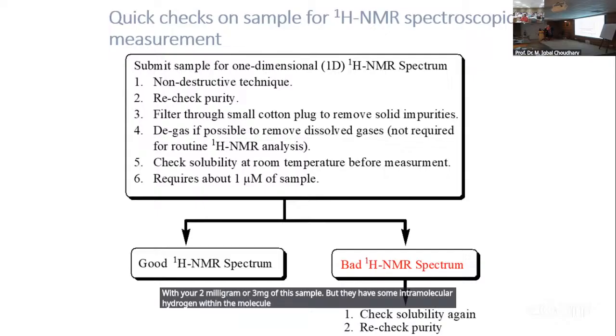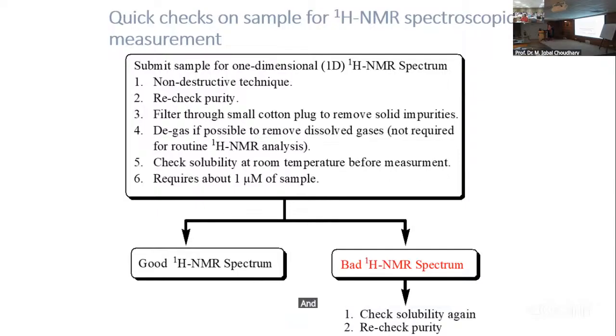If you want to study hydrogen bonding, you may need to change the temperature and check at a variety of temperatures what effect temperature has on the hydrogen bonding. So it depends on your need.